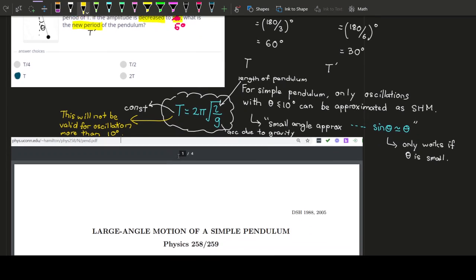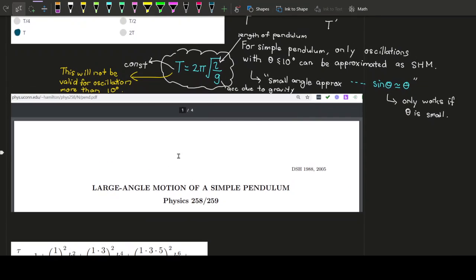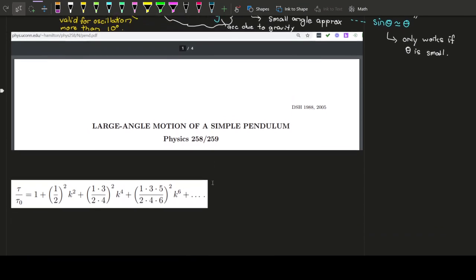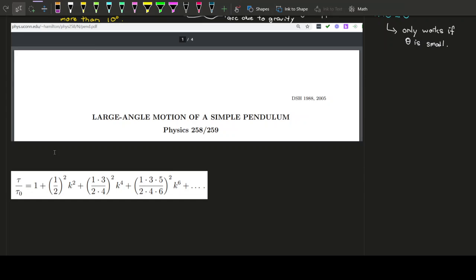Well, personally I don't know it either, so I did a bit of Google search. There's this large angle motion of a simple pendulum, where they try to derive the period for a simple pendulum oscillating with a large angle. And this is the equation for their period. It's a complicated equation, and explaining it is really more than I can do. This is the 2 pi square root of L over G that you learned.